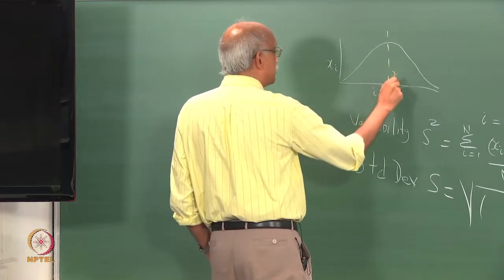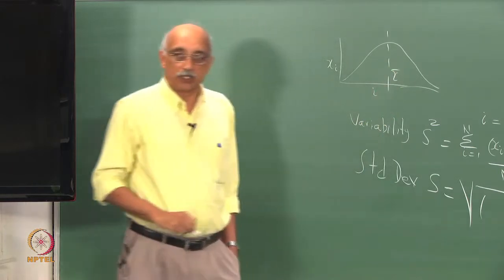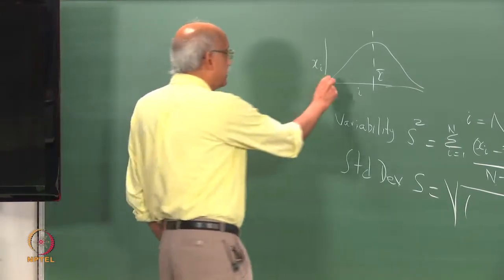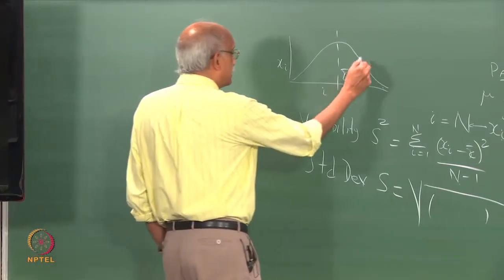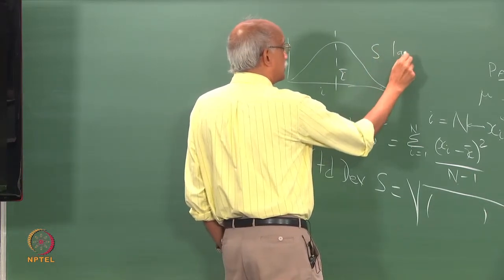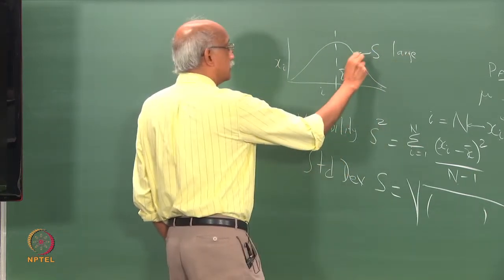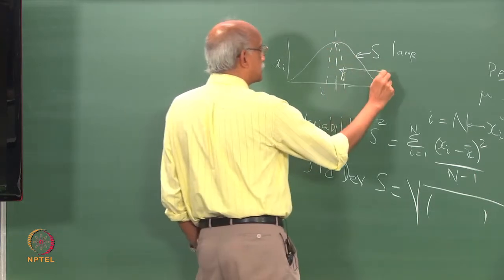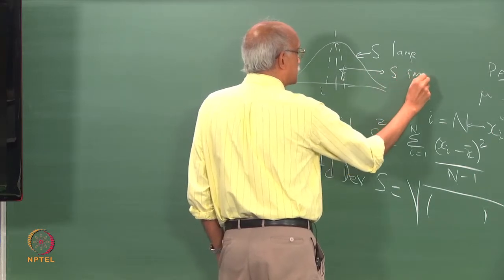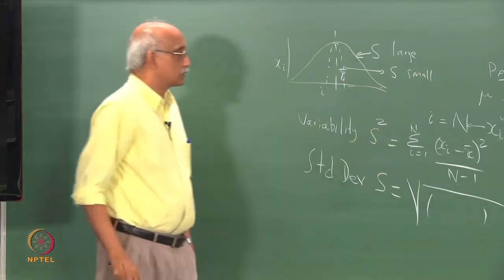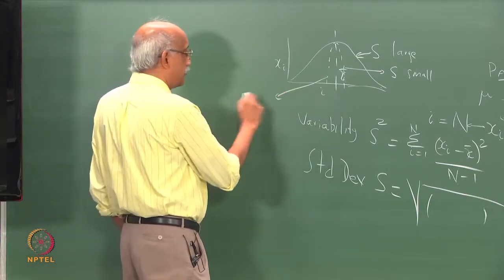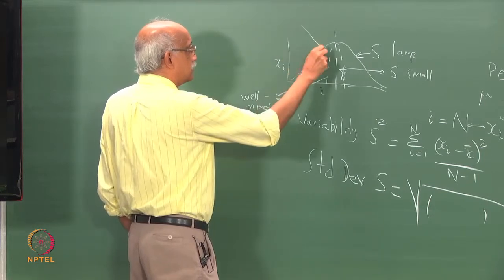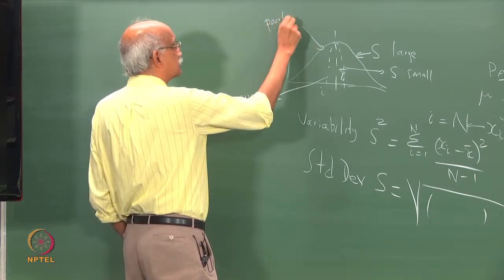The mean value x bar may be here, but the individual values may be normally distributed, but with a very wide tail. So, in a situation like this, your S value can be quite large, whereas if for the same mean your distribution is like this, it would mean that S is small. So, clearly this is a well mixed case and this is a poorly mixed case.